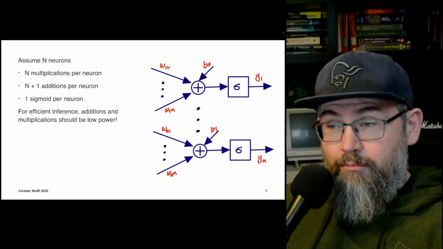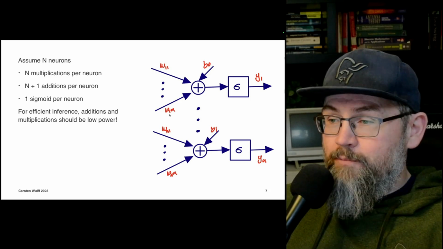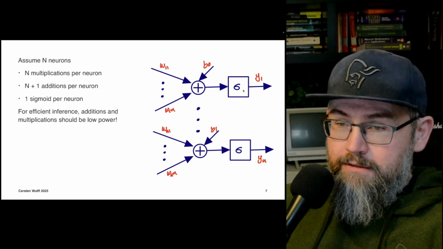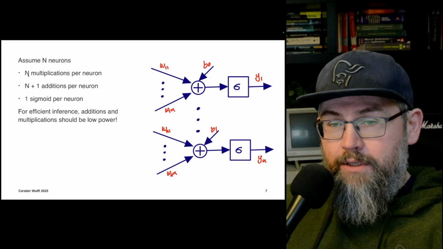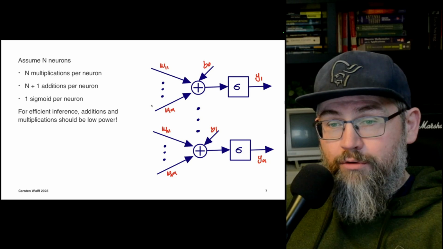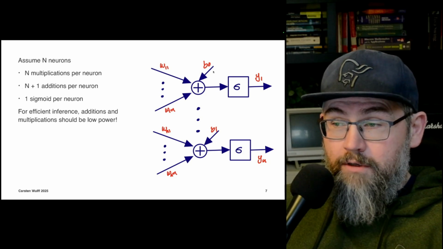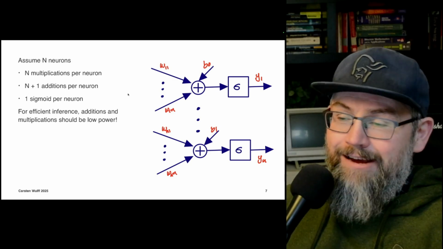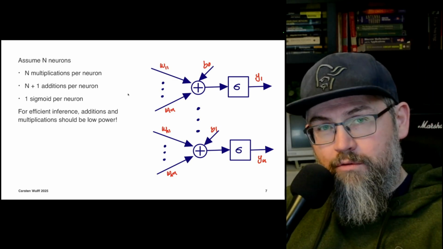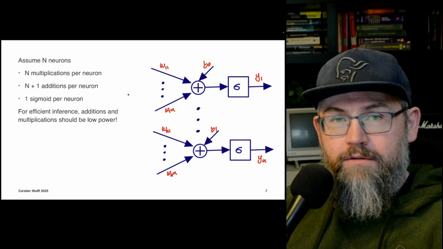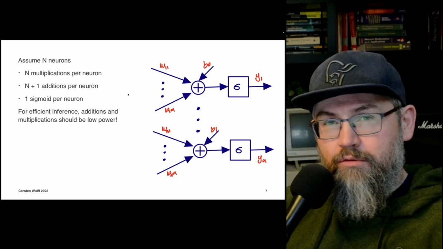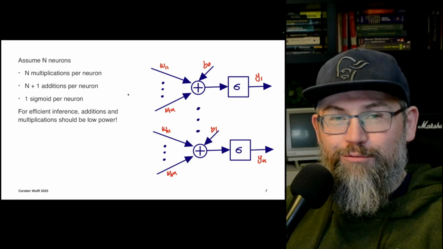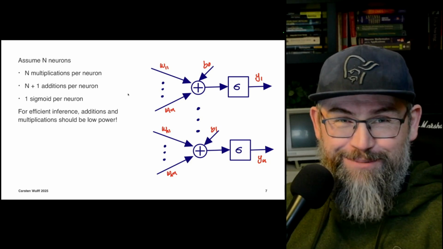So for every single, let's call it a neuron, we have a number of multiplications at the input, and we have maybe a bias and an addition, and then the sigmoid, which means that we get at least n multiplications per neuron. It's n plus 1 additions per neuron if you have a bias. And I think that if you want to do inference, so now we assume that you've figured out what the weights should be in order to decode whatever you need from the inputs.